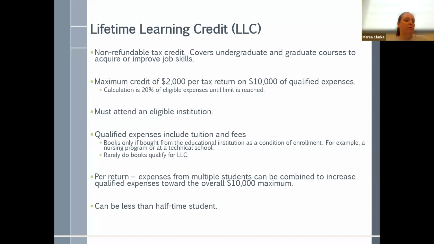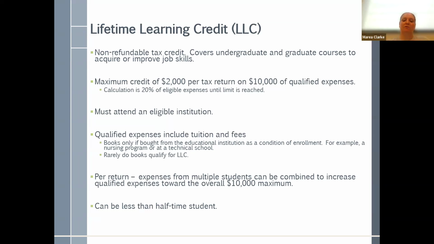You have to attend an eligible institution. The qualified expenses include tuition and fees. It only includes books, though, if you buy them straight from the educational institution as a condition of enrollment. The 4012 has a bunch of good tables to compare these. Whenever you get into a situation where you're dealing with an education credit, go to that section.